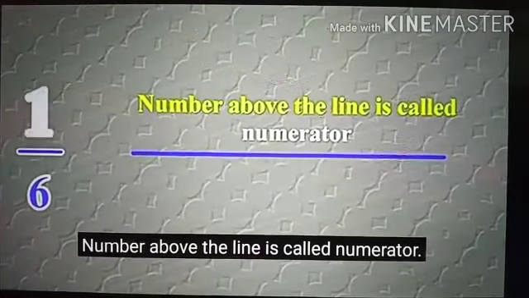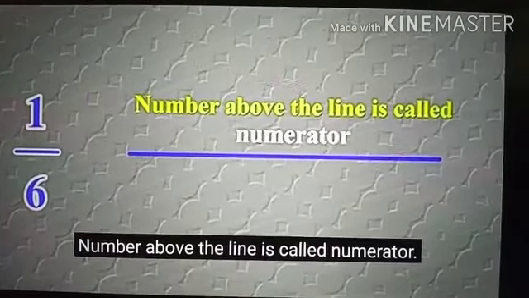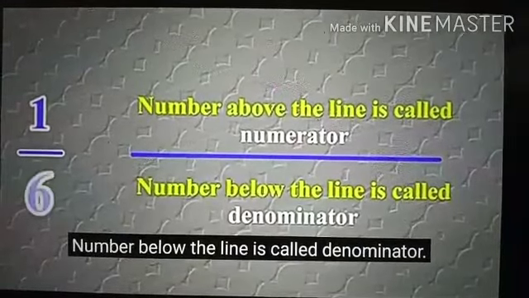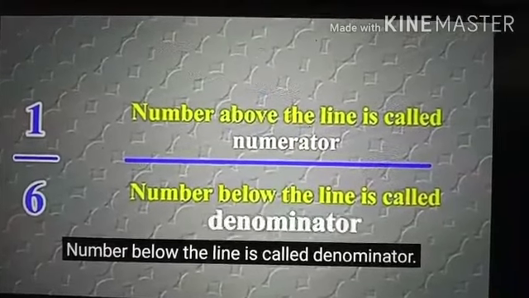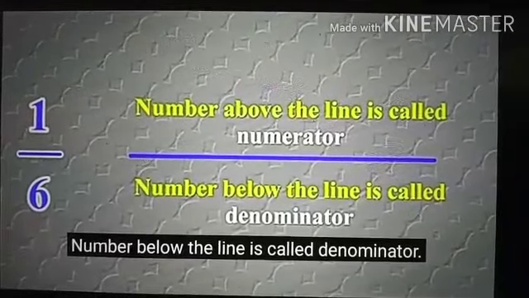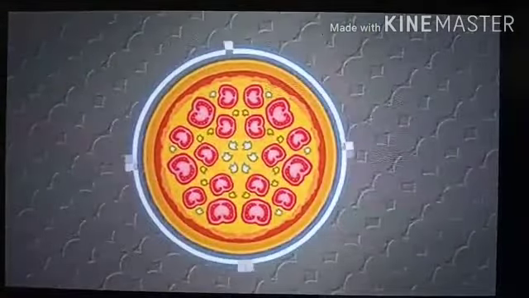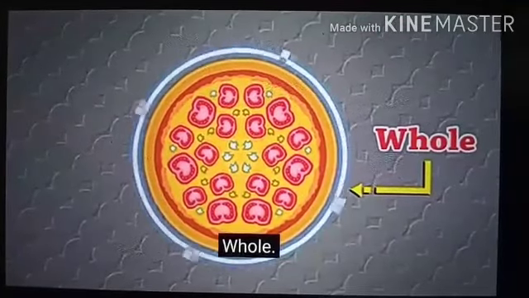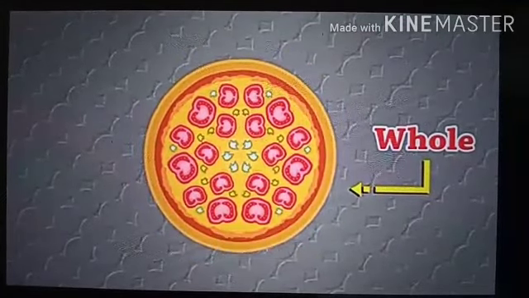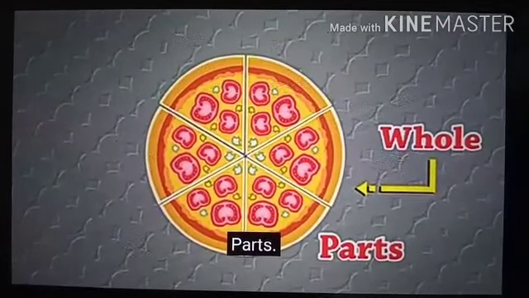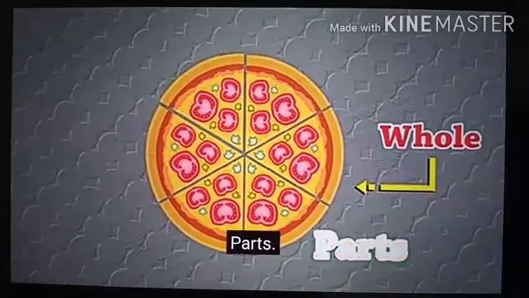The number above the line is called numerator and the number below the line is called denominator. This pizza is whole and we consider parts in fractions.